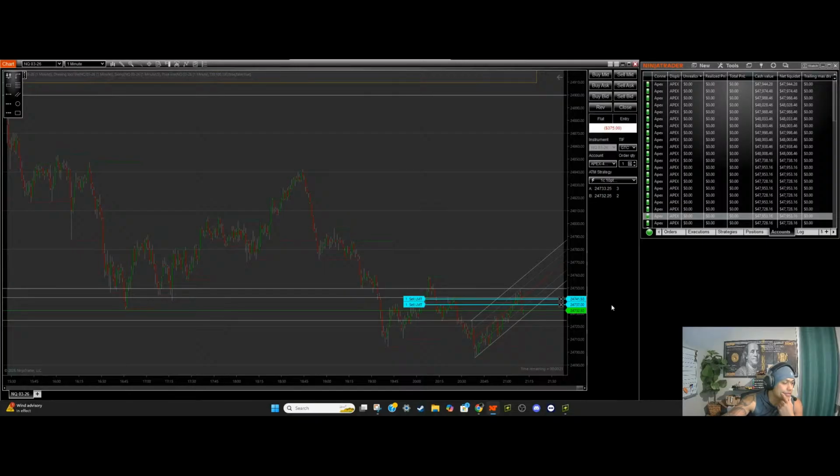We're on a 5 minute. Will we support that area right there? Can we catch a quick little pump and dump?